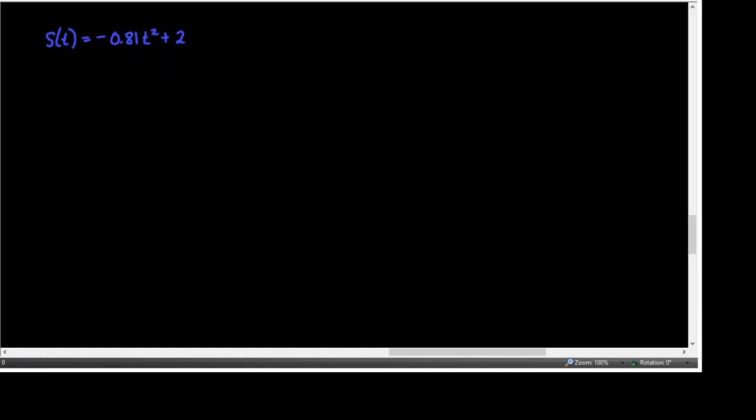So S of t is the height in meters. And t is the time in seconds.